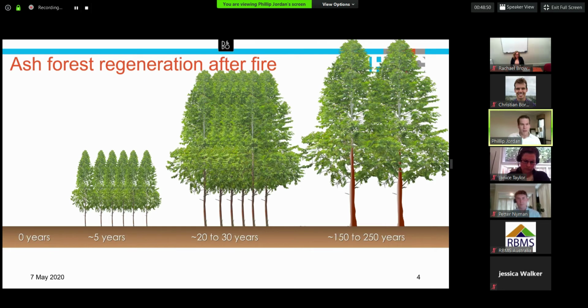After about 5 years, the trees start to come back and you get saplings growing, and they grow up over a period of 20 to 30 years, which you can see there. After that point, the mountain ash forests tend to self-thin, so there's a reduction in the number of trees per hectare.